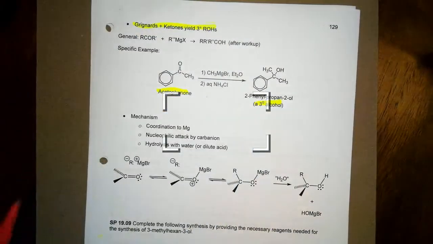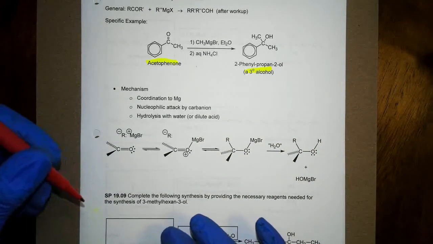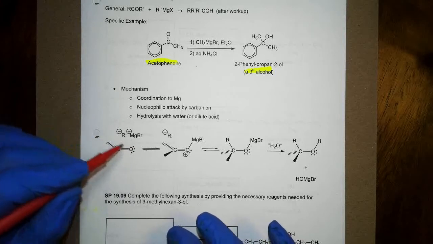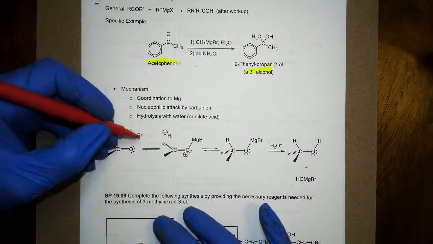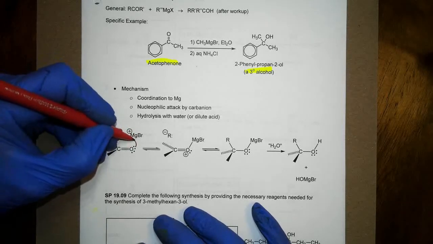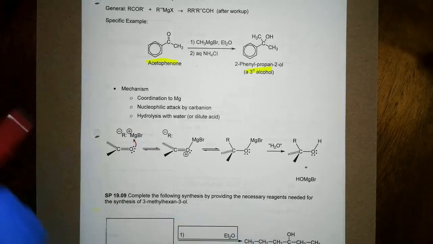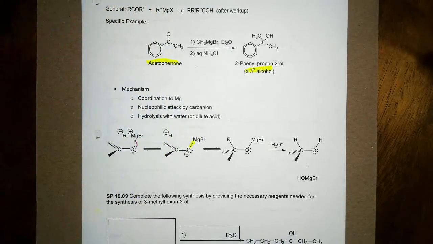Okay. Mechanistically speaking, the Grignard kind of forms a complex, a very reactive complex with the metal component of the Grignard reagent, forming a bond. So we have this magnesium-oxygen bond, a fairly polarized bond.